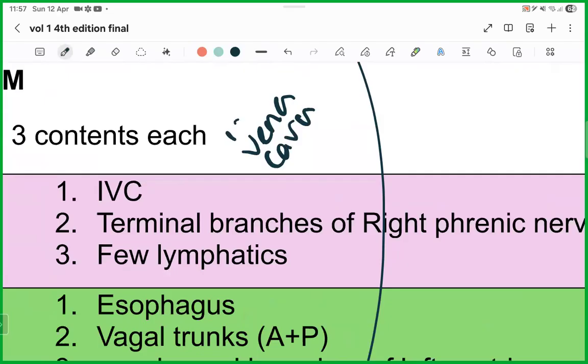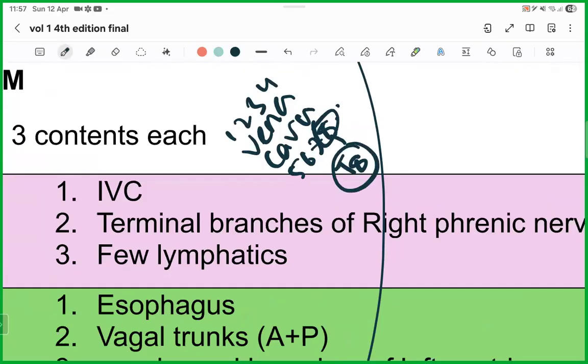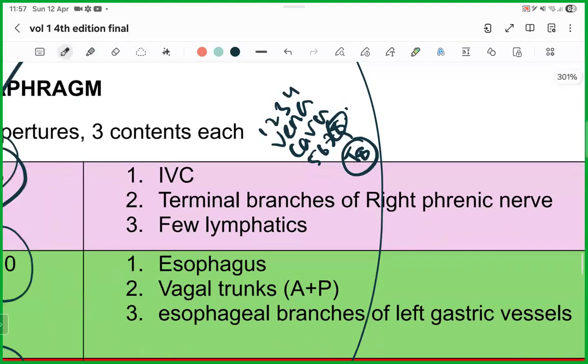V-E-N-A C-A-V-A. 1, 2, 3, 4, 5, 6, 7, 8. So we have it at T8. That is the inferior vena cava. Just remember vena cava. With the vena cava, we get the phrenic nerve, the terminal branches of the right phrenic nerve.